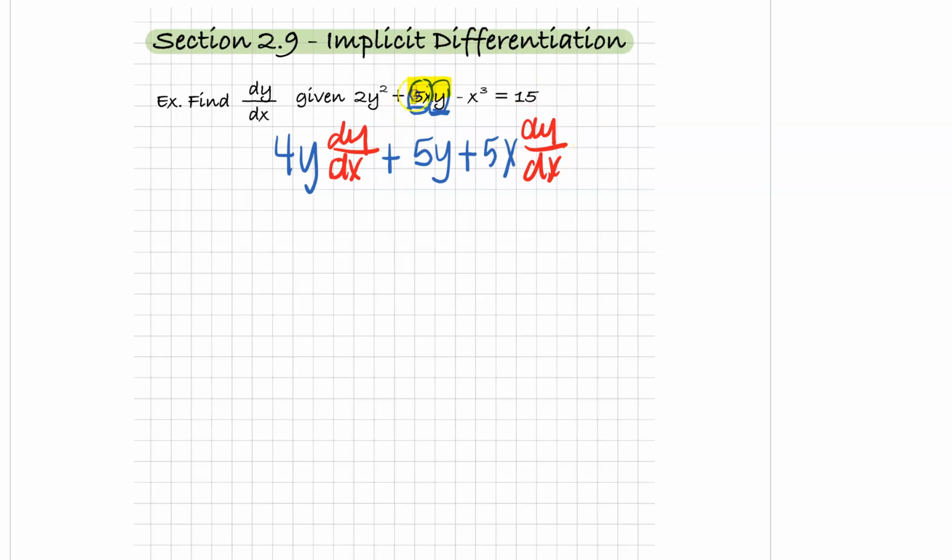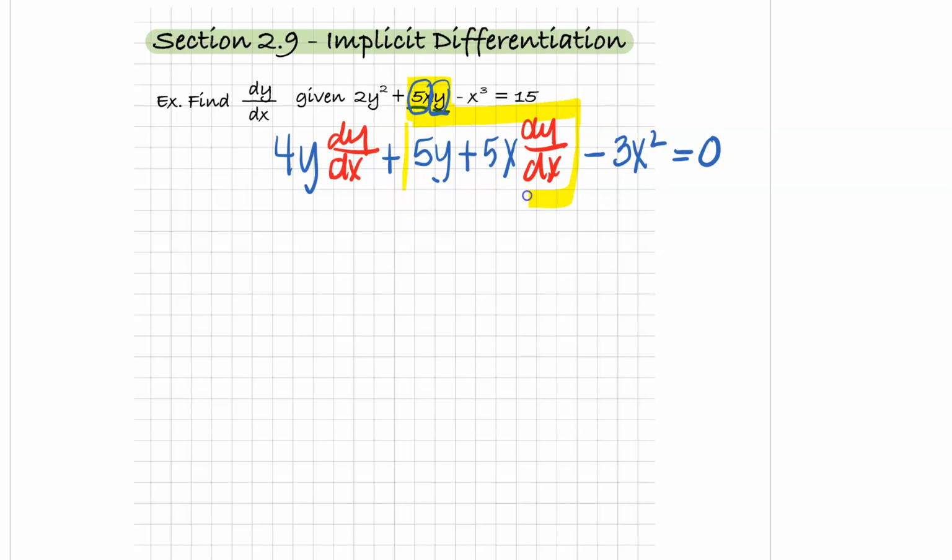So again, this piece here is product rule, and this big chunk is the result. Minus x cubed, which would be 3x squared. I don't need a fraction because it's with respect to x, equal to the derivative of a constant, which is just 0.